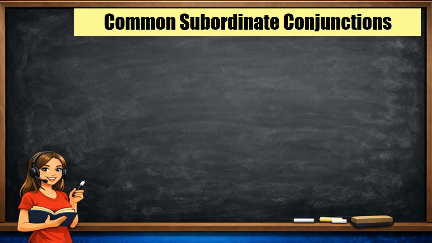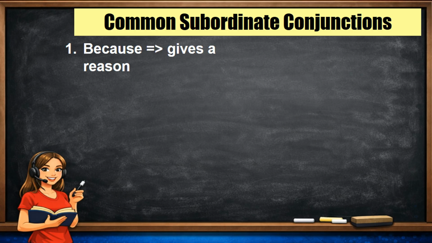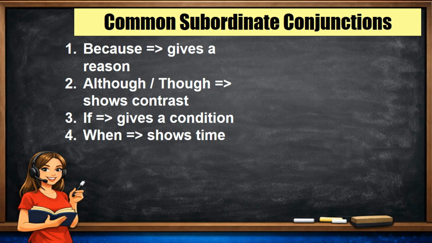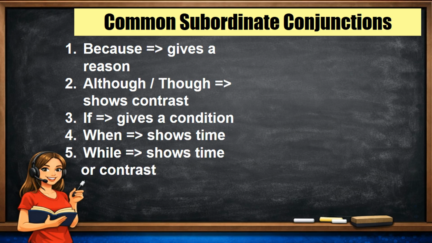Common subordinate conjunctions. Let's look at some very common subordinate conjunctions. 1. Because gives a reason. 2. Although/though shows contrast. 3. If gives a condition. 4. When shows time. 5.